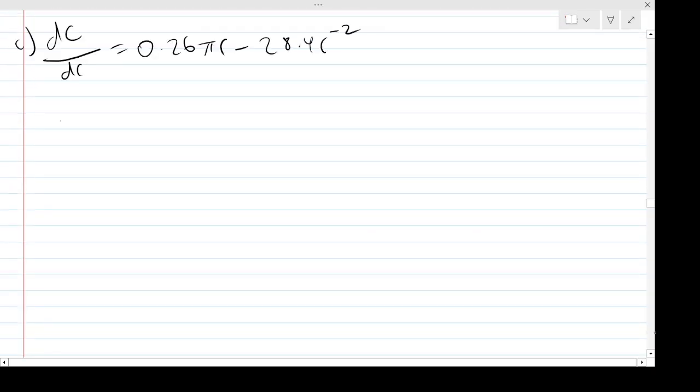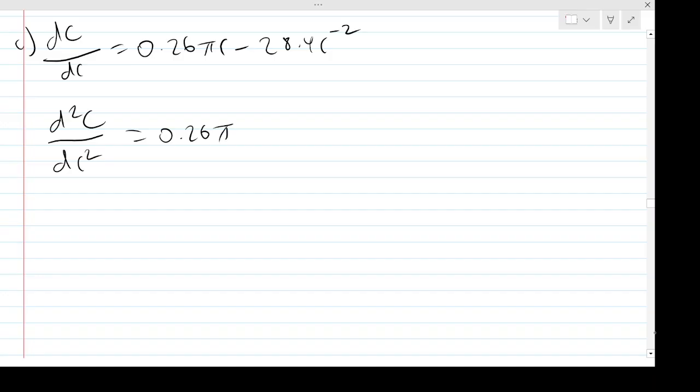If I differentiate that again to get the second derivative, I get 0.26 pi, because the r goes away to 1. Then minus 28.4 r to the minus 2, the minus 2 comes to the front, so minus 28.4 times minus 2 will be positive 56.8 r to the minus 3 when we knock 1 off the power.